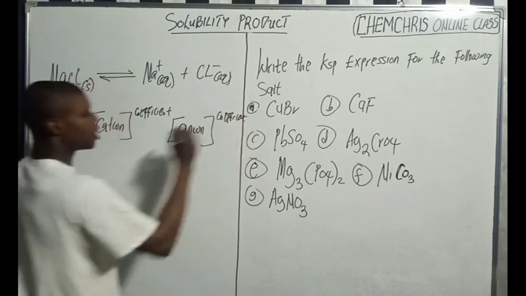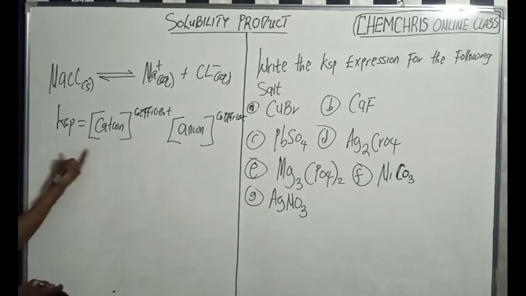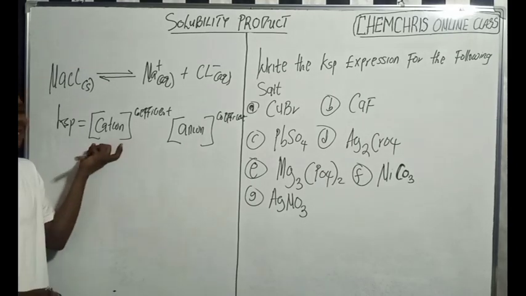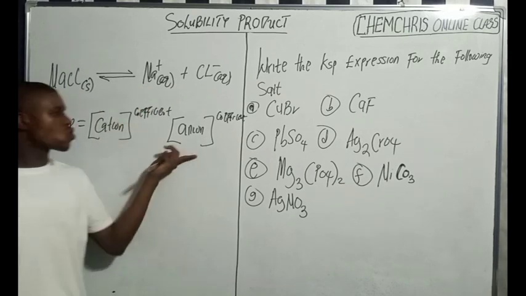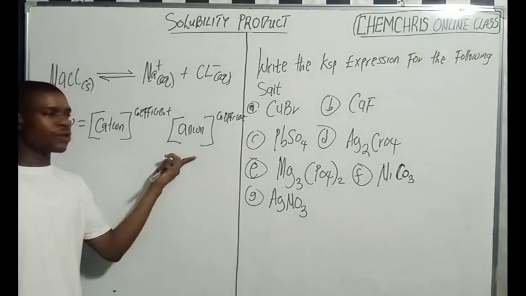Sorry, let me write like this. So KSP equals the concentration of the cation, which has to be the first one, raised by its coefficient, times the concentration of the anion raised by its coefficient.